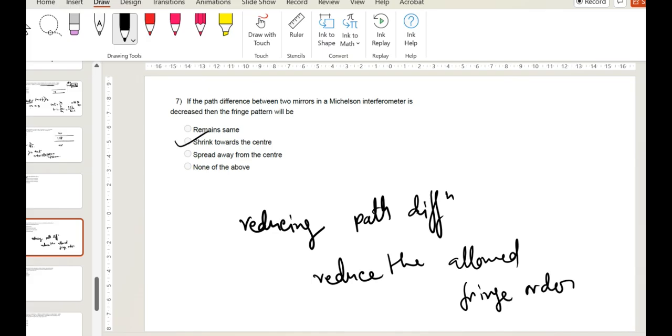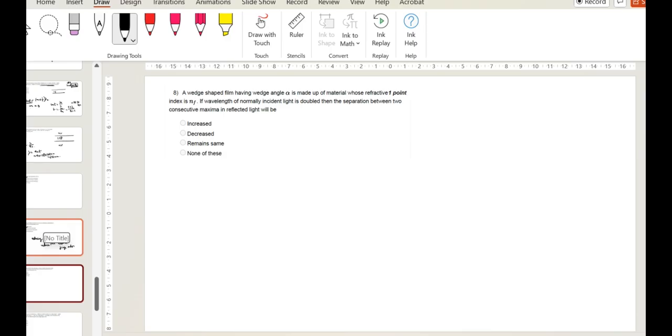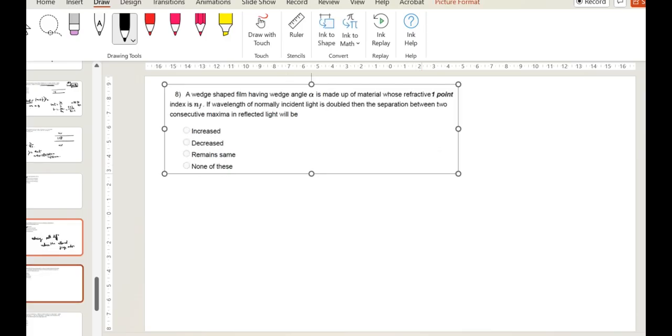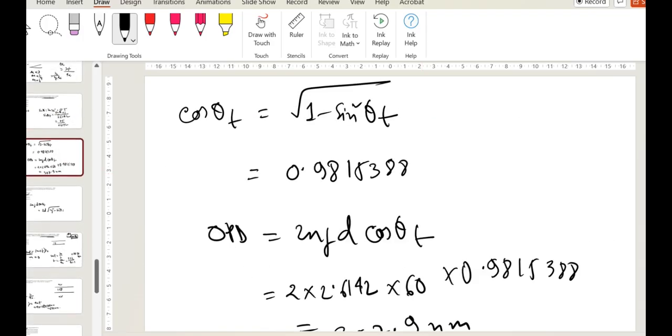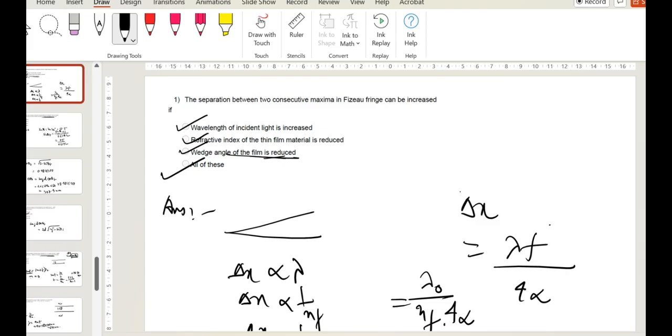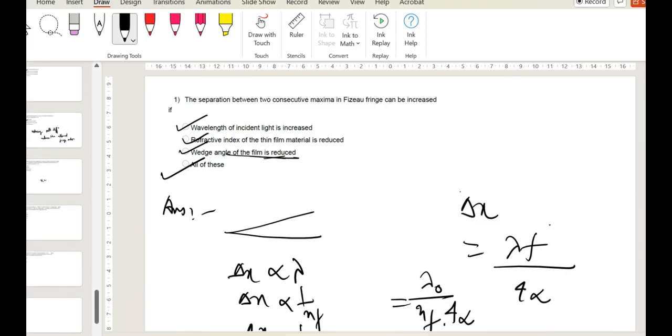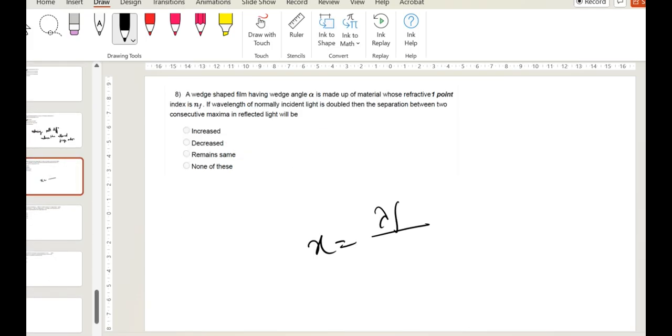So they shrink towards the center. A wedge-shaped film having wedge angle alpha is made up of a material whose refractive index is n_f. If the wavelength of normally incident light is doubled, then the fringe separation... we know that x is, as we have written in the first question, lambda naught by 4 n alpha, or you can say lambda naught by n into 4 into alpha.